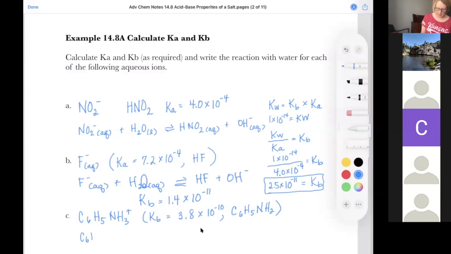We're taking this ion, we're adding it to water, and the resulting... the water here is taking on the hydrogen.